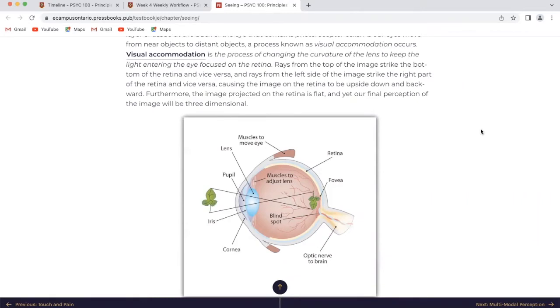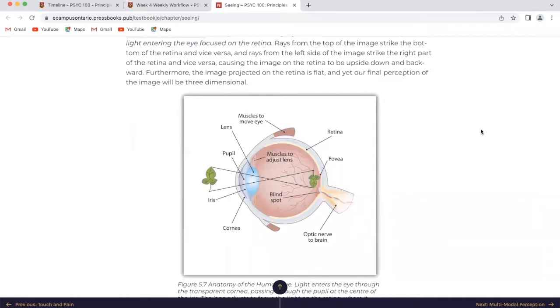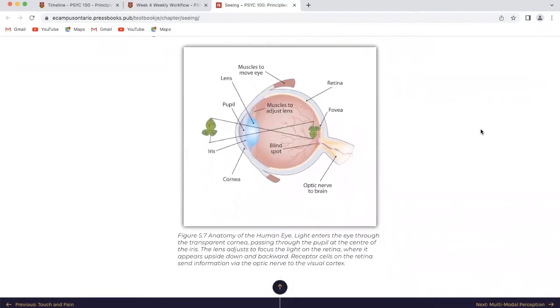Rays from the top of the image strike the bottom of the retina and vice versa, and rays from the left side of the image strike the right part of the retina and vice versa, causing the image on the retina to be upside down and backward. Furthermore, the image projected on the retina is flat, and yet our final perception of the image will be three-dimensional. That's really quite beautiful.